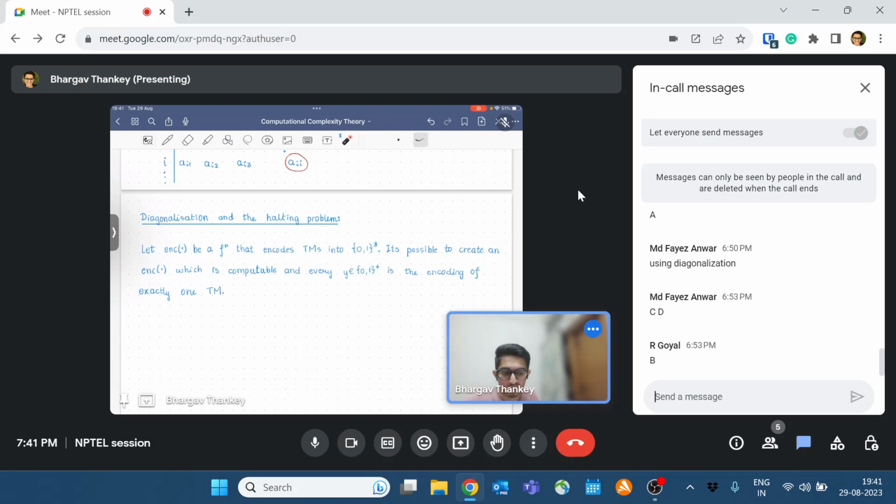Is that fine? It's also easy to see that if you do it like this, the function is computable. So till this much is fine, right? So we have an encoding which is computable.